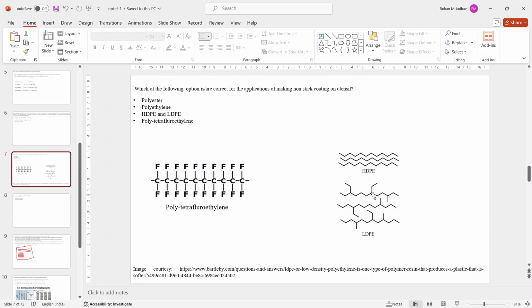Because of this branching, the distance between two polymer chains is quite large. And because of this, if you supply even a small bit of temperature, it is very easy for the individual polymer chains to slide past each other. Whereas in HDPE, since there is extremely close packing involved, it can withstand pretty high temperatures when compared to LDPE.